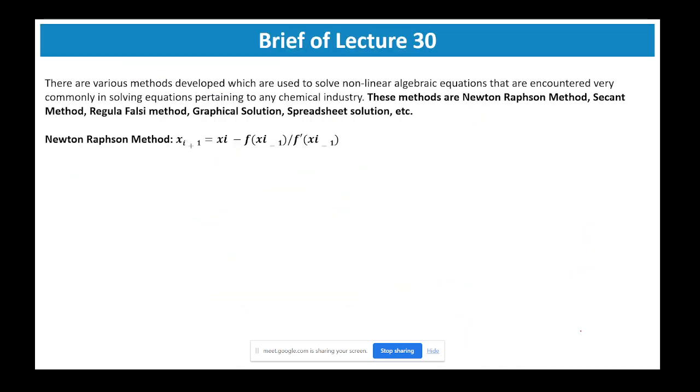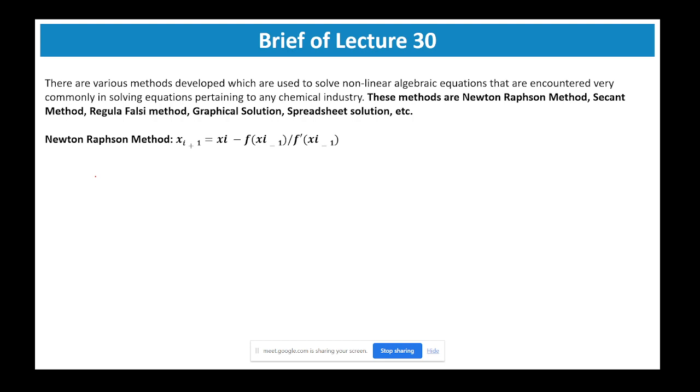Now moving forward, as I said, you need to solve various equations. You come across various equations which are non-algebraic, like non-linear algebraic equations.